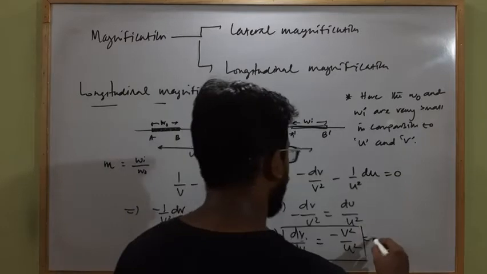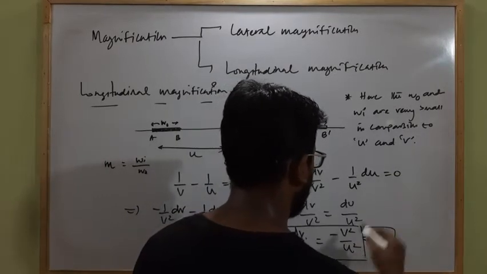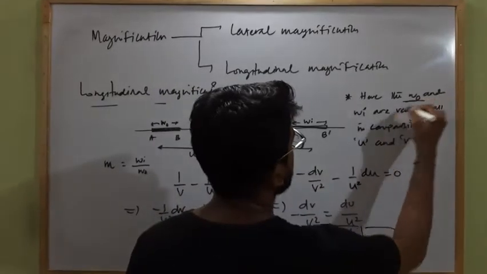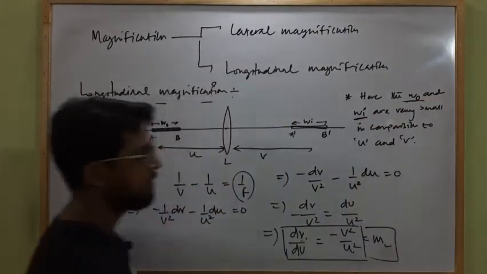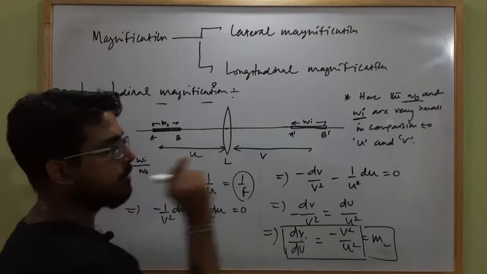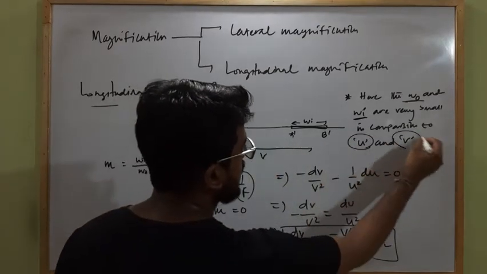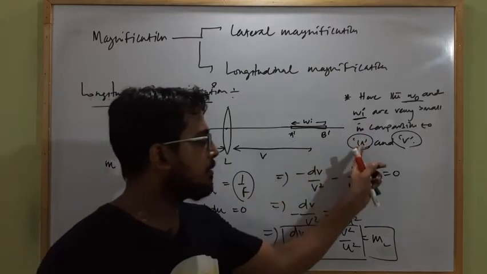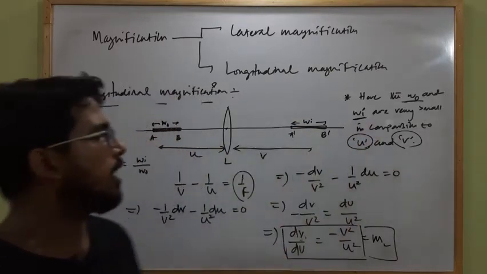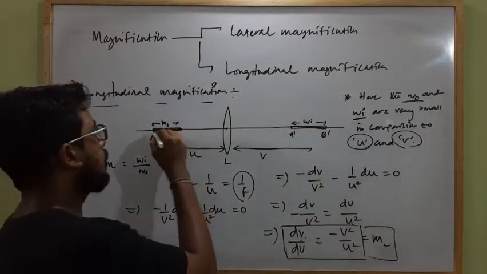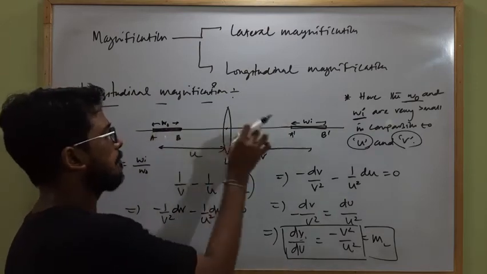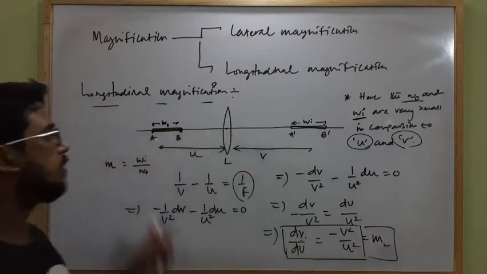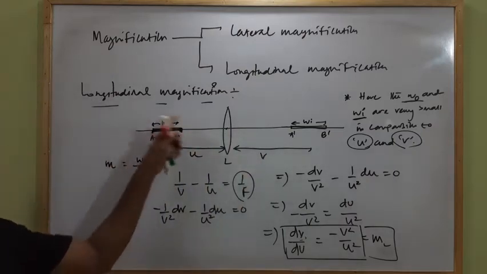And it's only valid when the width of object and width of image are negligible in comparison to the object distance and image distance. Clear? If they are not negligible in comparison to u and v, then we have to determine the object and image distance separately by considering the edges as a point object.